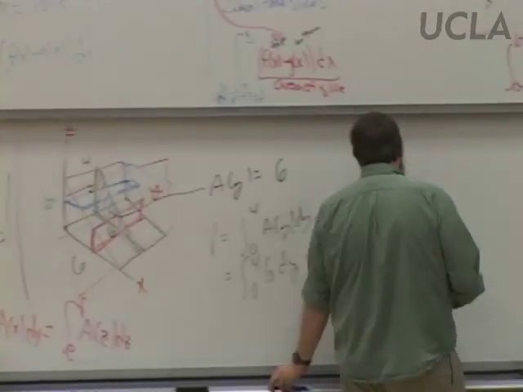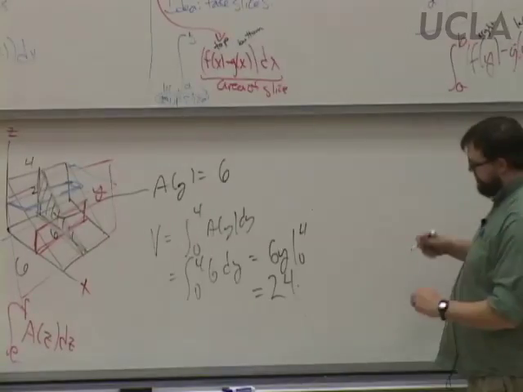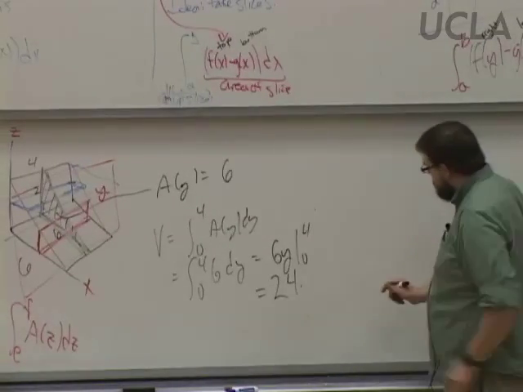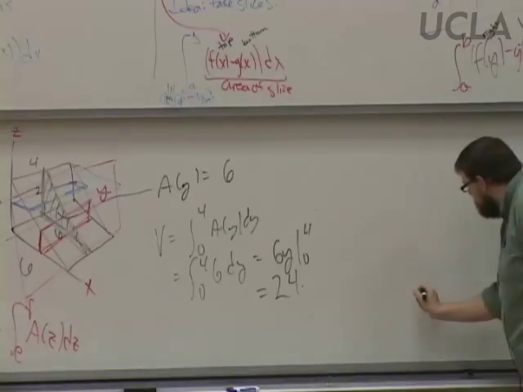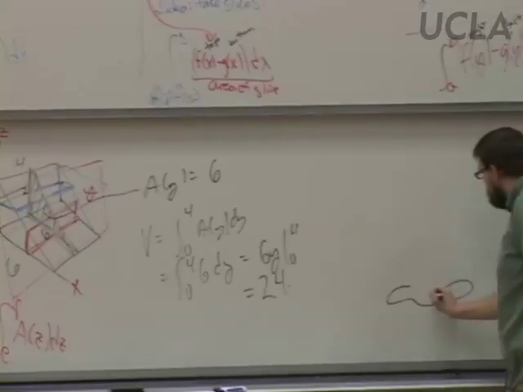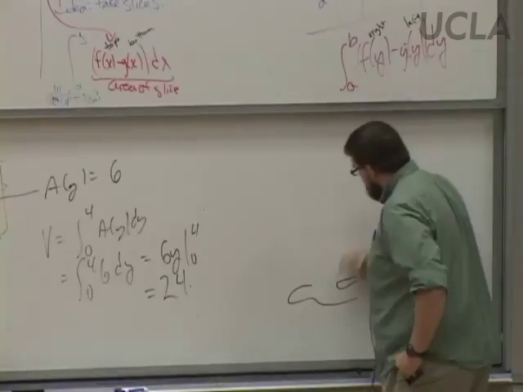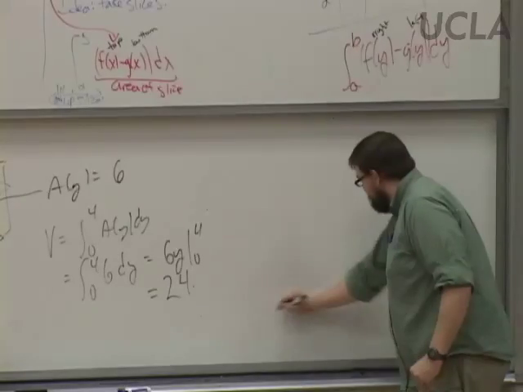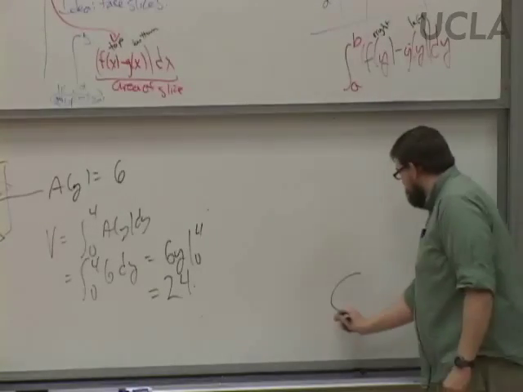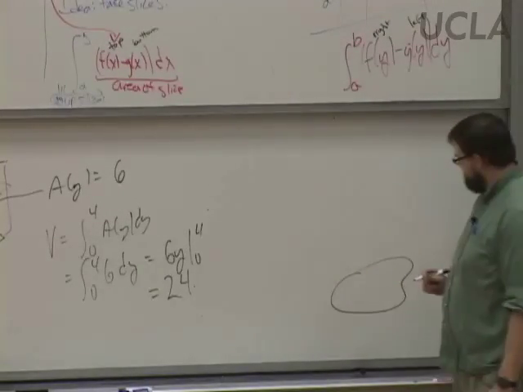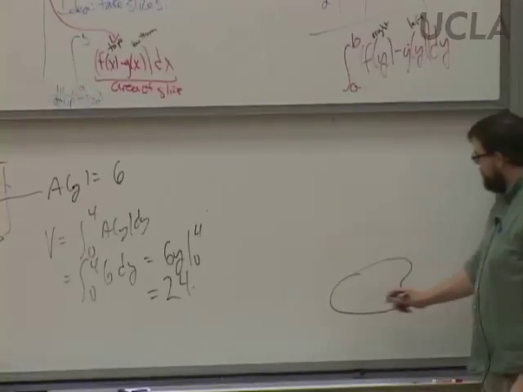But let's just do one very, very simple example. Suppose I take any shape. Let's make it something I can draw. Suppose I take any shape that I can reasonably draw, and this is down here in the xy plane.